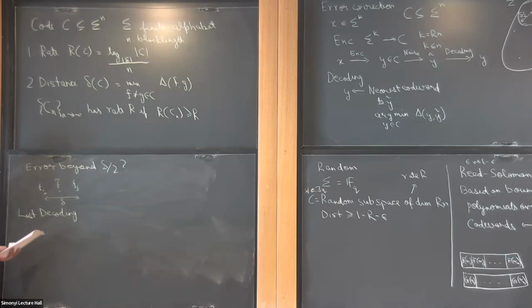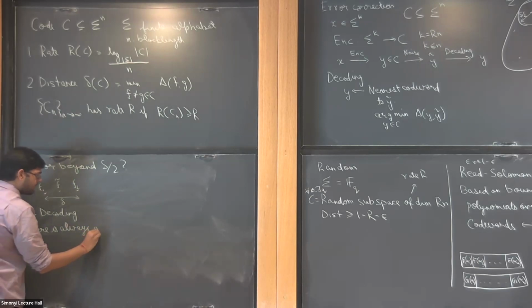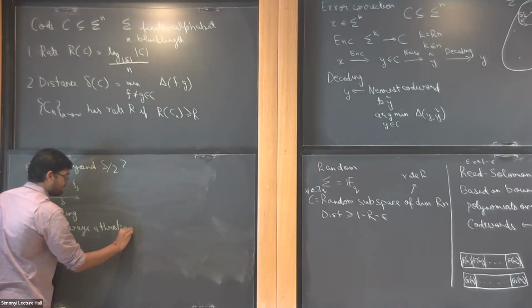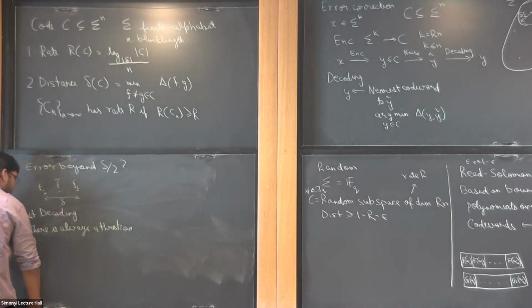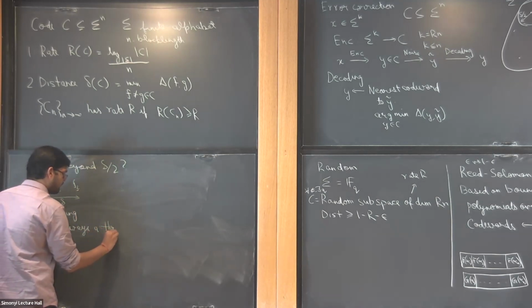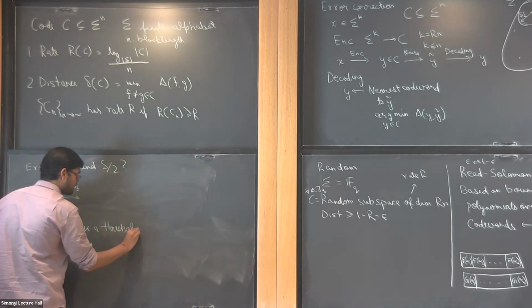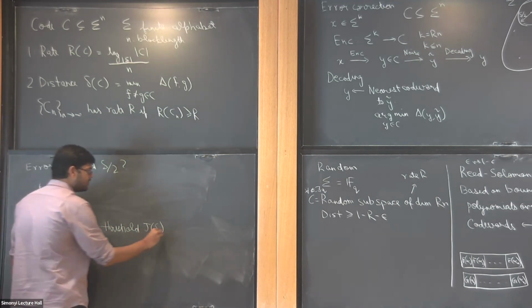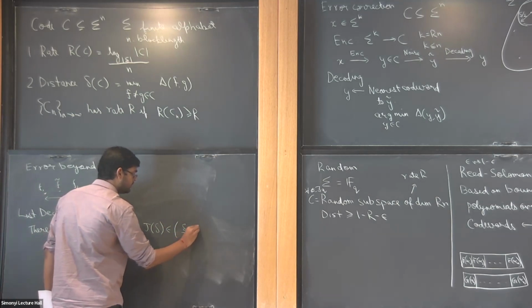But in some sense, this is always a reasonable thing to do, because there is always a threshold, which is a function of the distance. And this threshold is strictly between delta over 2 and delta.